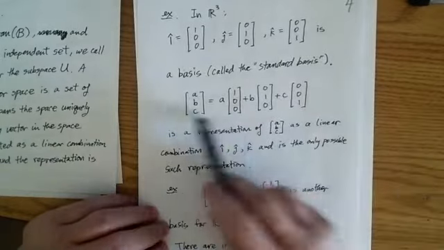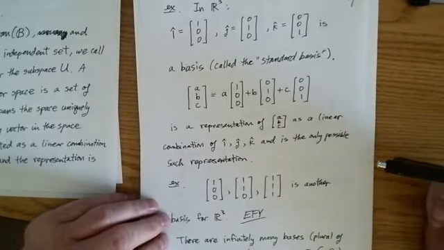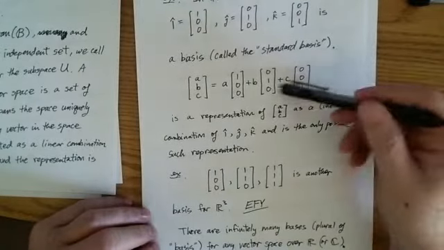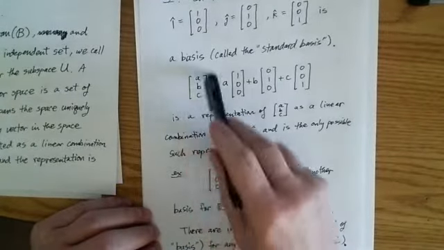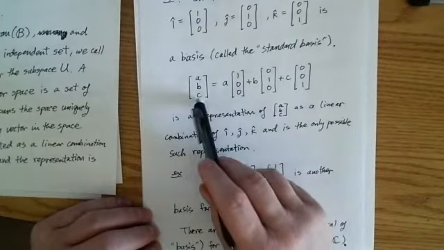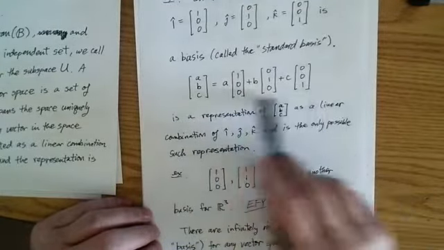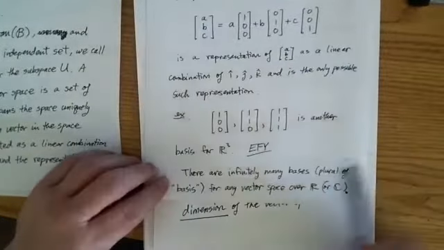Can you prove that to yourself? This is the only way to do it. It doesn't take a whole lot of work. Yep, this is the only way you're going to be able to do it. So this is actually going to be a basis. Notice this was completely arbitrary. So any vector (a, b, c) from R cubed, I can represent in a unique way as a linear combination of these guys.